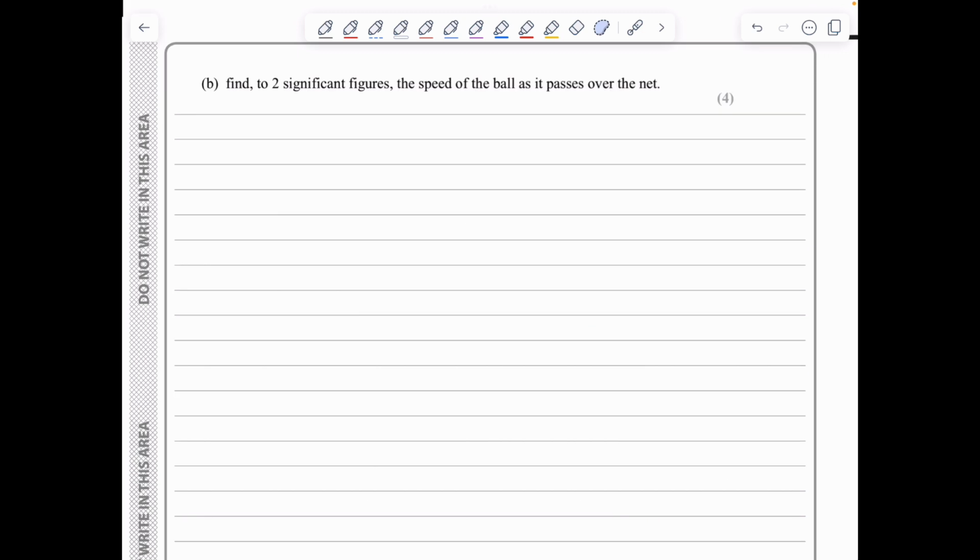In part B, we need to find to two significant figures the speed of the ball as it passes over the net. So once more, let me write down that my u in the horizontal direction is 45 cos 10, and the acceleration in the horizontal is 0, whereas in the vertical it's 45 sine 10 and g respectively, so the acceleration is g. We have already established that t is 12 over 45 cos 10, and we know that v is u plus at.